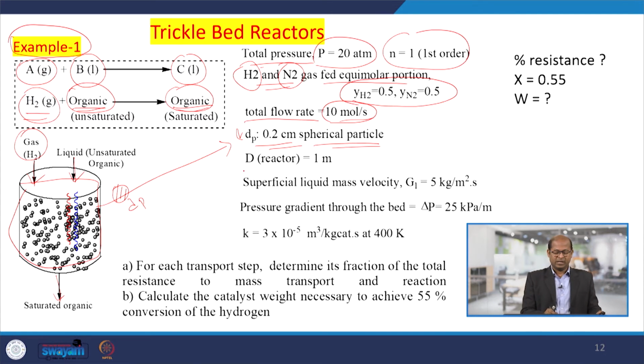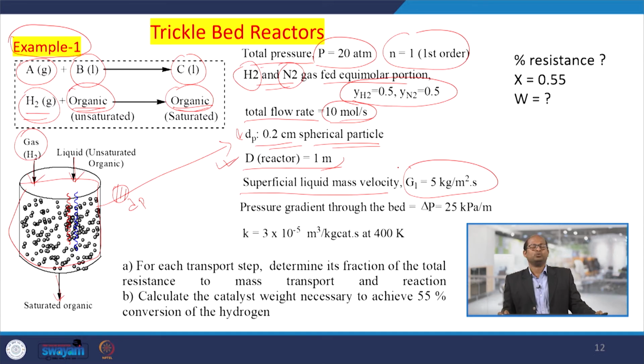The reactor diameter is specified as 1 meter. The superficial mass velocity of the liquid, GL, is equal to 5 kg per meter square per second.